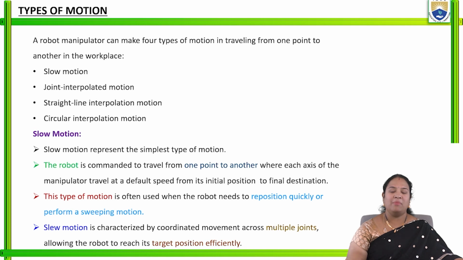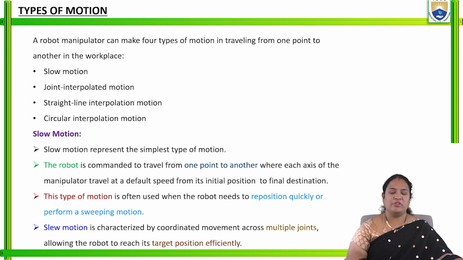What do you mean by the word slow motion? As we all know, by the word itself, slow motion determines that the movement of the robot takes place at some certain constraint of time.